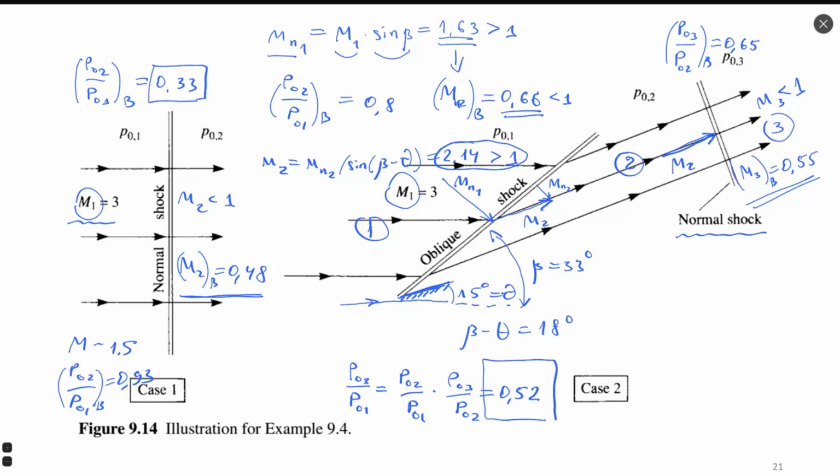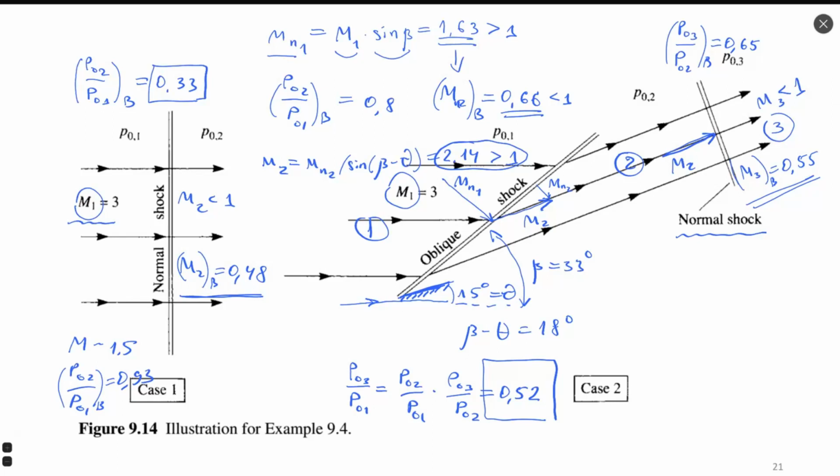52%, so we lose 48% and keep 52% of energy. In case 1, we lose 67% and keep 33% of energy. It is quite visible that when we have a more complex flow structure, an oblique shock wave and a normal shock wave, we can keep more energy of the flow, almost 20% more, right?